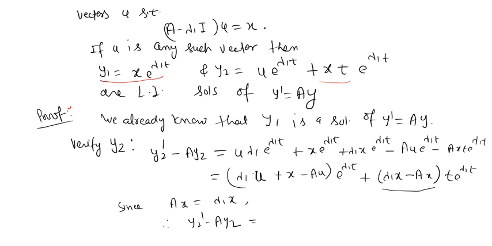The first one can be written by taking minus common: (A minus lambda 1 I) u minus x, times e power lambda 1 t, and the second term will be 0.